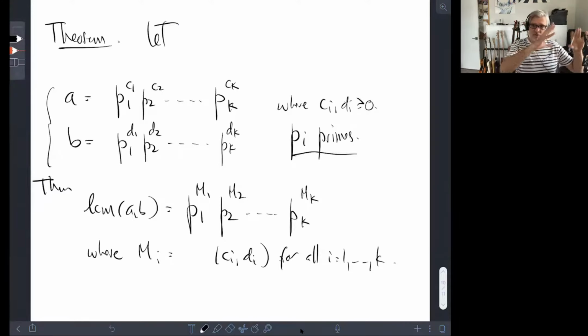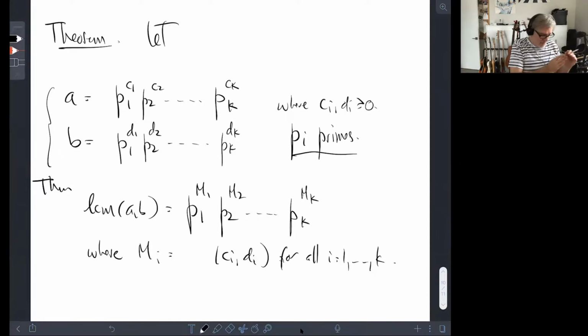So by the earlier work, if A and B divide this bigger number, I know that these primes P1 to PK will all have to appear in the decomposition of the big number, but I want that big number to be as small as possible. So I'd be really silly to add anything other than P1 to PK. Adding a new prime is not going to make it small. So I can just forget about those. So I'm just going to be using P1 to PK.